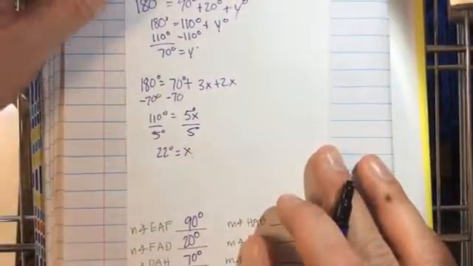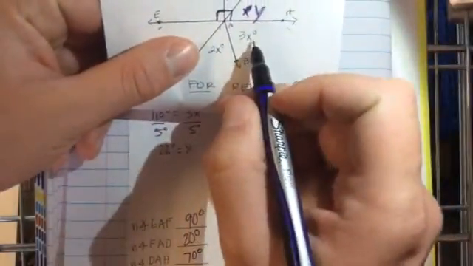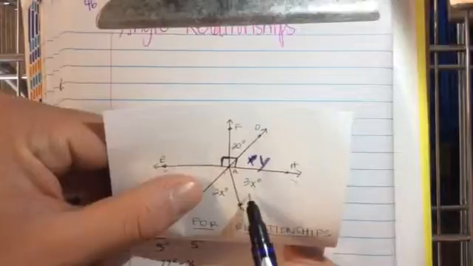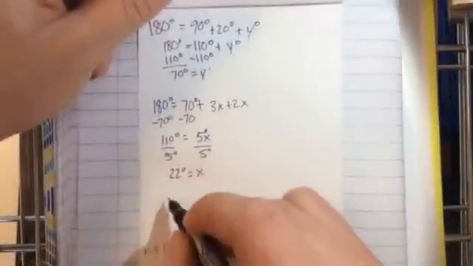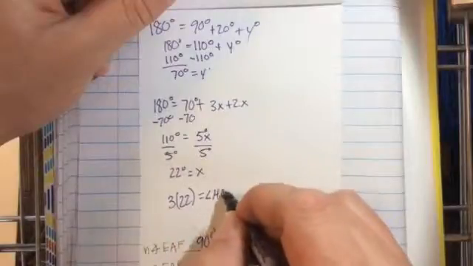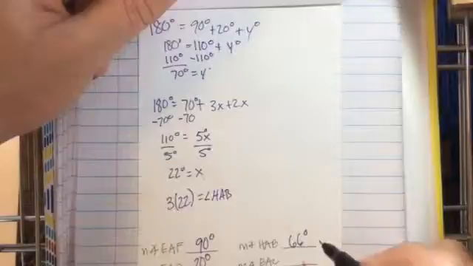So, as we learned yesterday, we can't just find x, right? We need to go back and multiply it by that number. So right now we're working with HAB. HAB is 3x. So 22 times 3 equals angle HAB, and that equals 66 degrees.